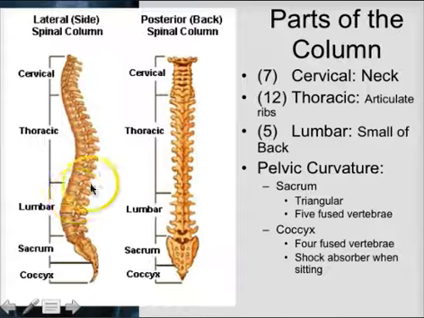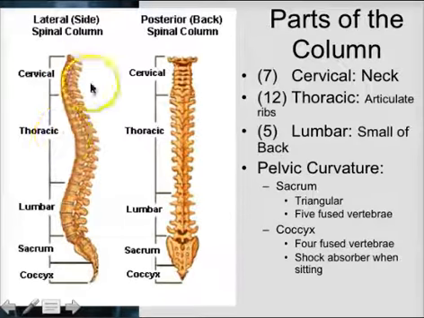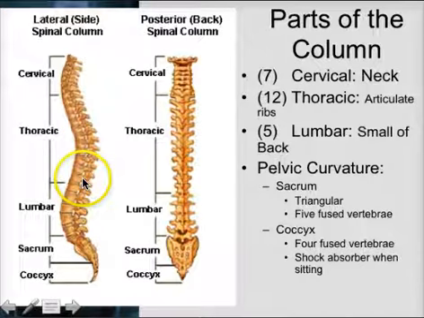And to get ourselves oriented here, this is the posterior side, this is the anterior side, so ventral here, dorsal here. So in the cervical region, we see that there is a curvature. It curves in a ventral way. Then we have a curvature through the whole thoracic region, which goes in a posterior direction.